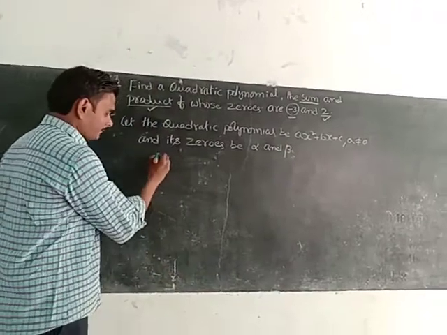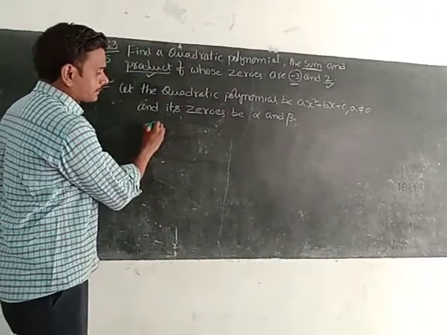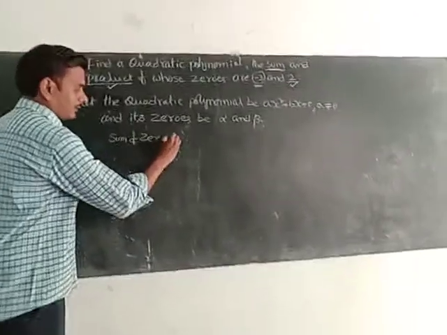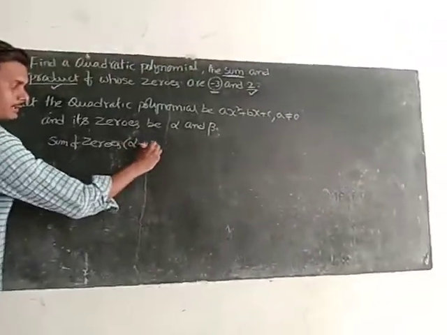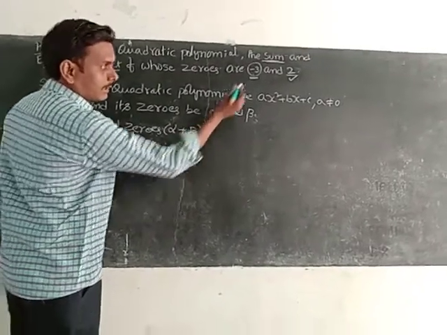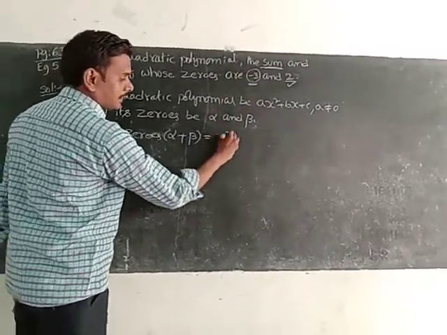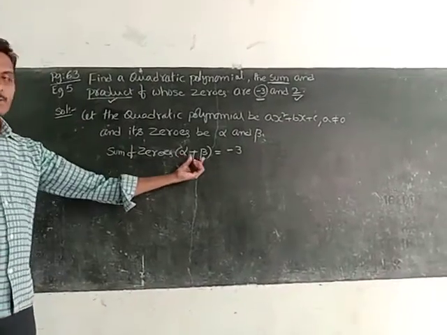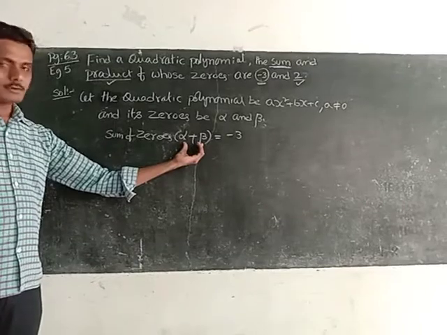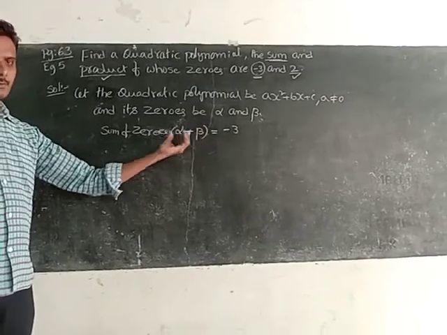Now we will write the sum of zeros. Sum of zeros means alpha plus beta equal to -3. Without writing sum of zeros, we can directly write alpha plus beta also, no problem.